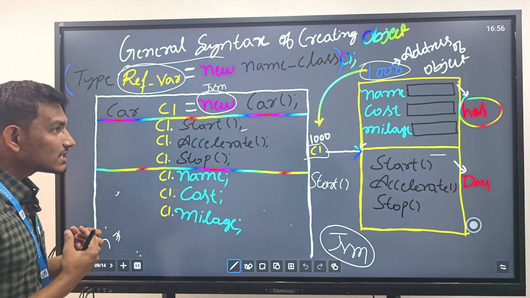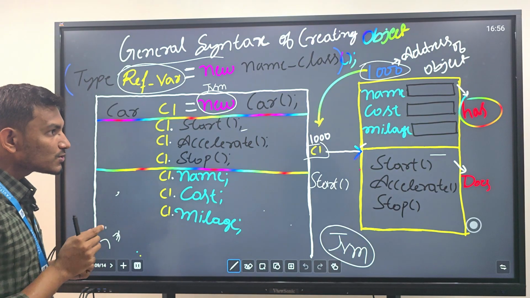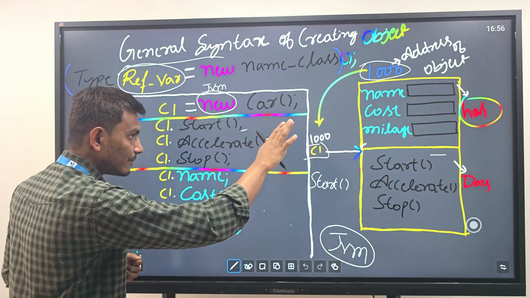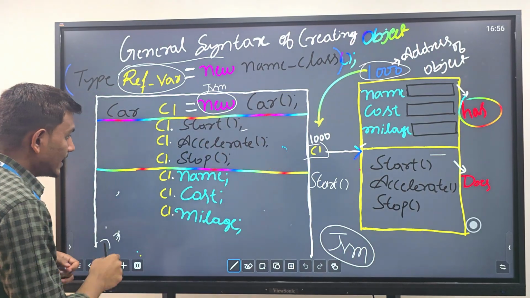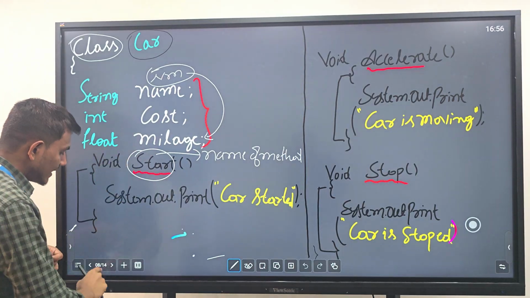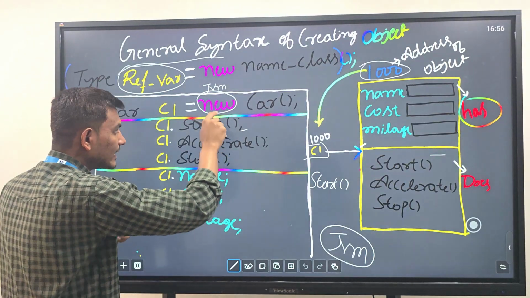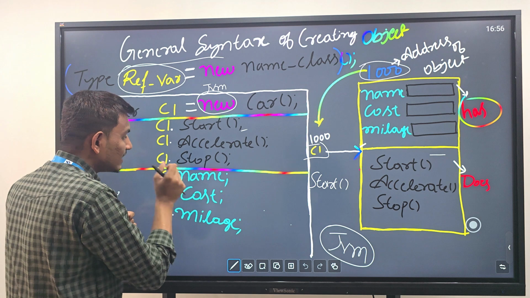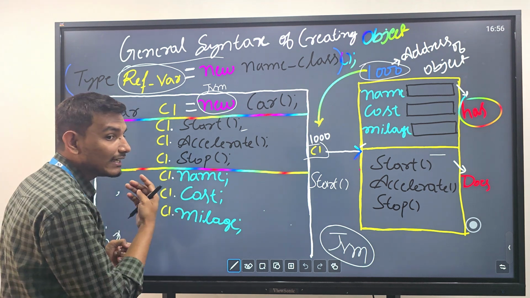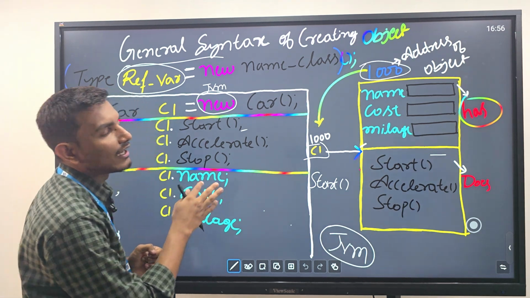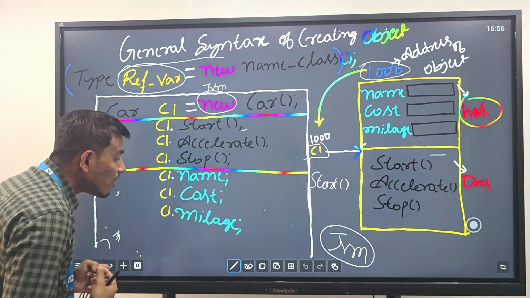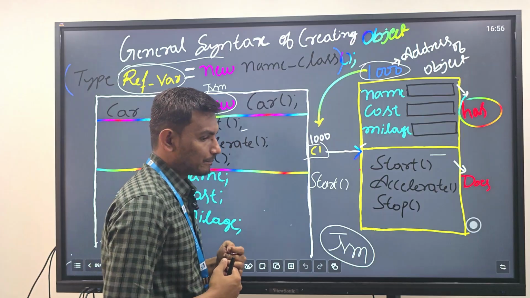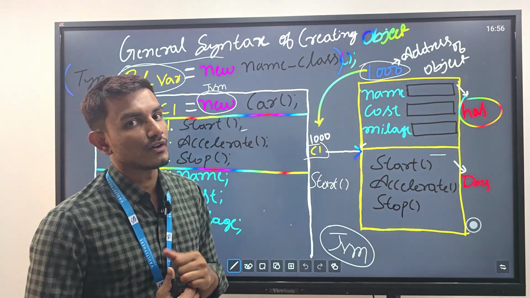In my program, after creating the class and the object, while accessing the name, cost, mileage, I didn't specify any values. Guys, remember, by default Java will allocate a value for this.